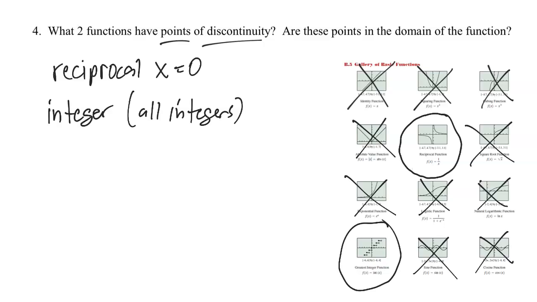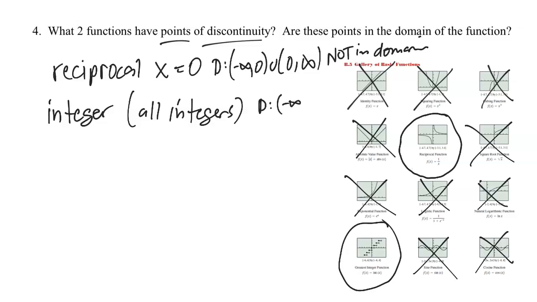Now, which of these points is actually in the domain of the function? Well, remember, the domain of the reciprocal function is negative infinity to 0 and 0 to infinity. And so 0 is not in the domain of that function. So I'm just going to say here, not in the domain. For the integer function, the domain is all real numbers.